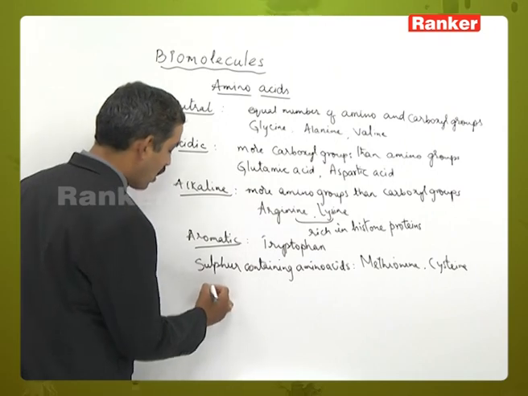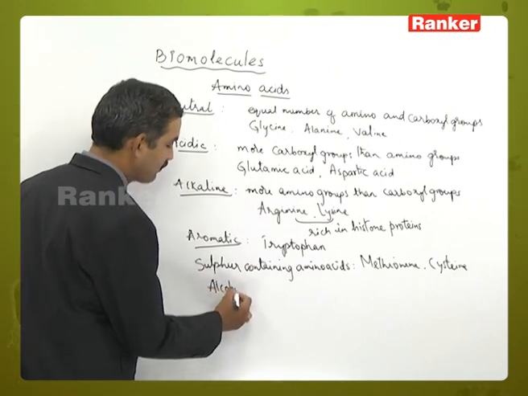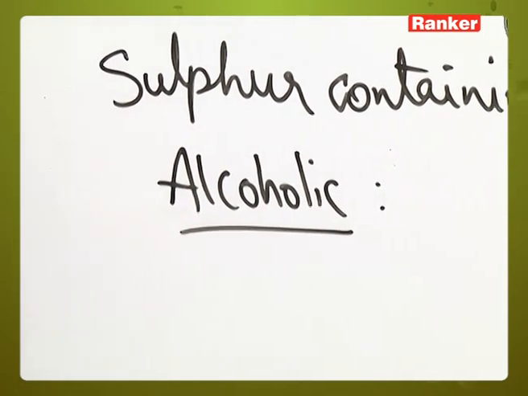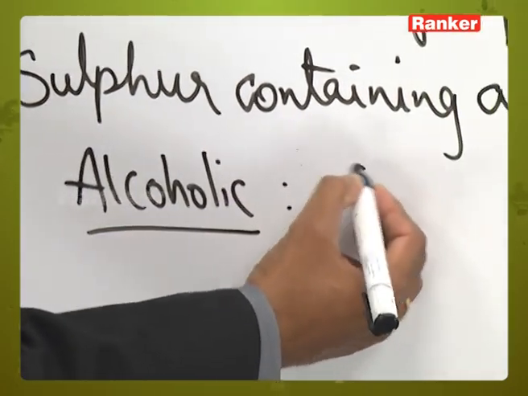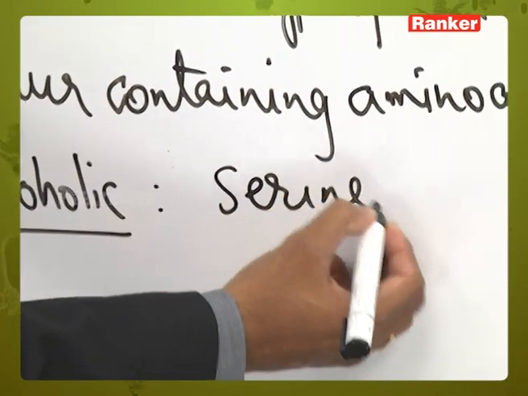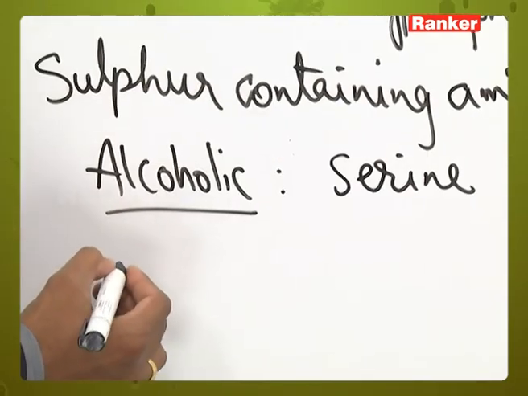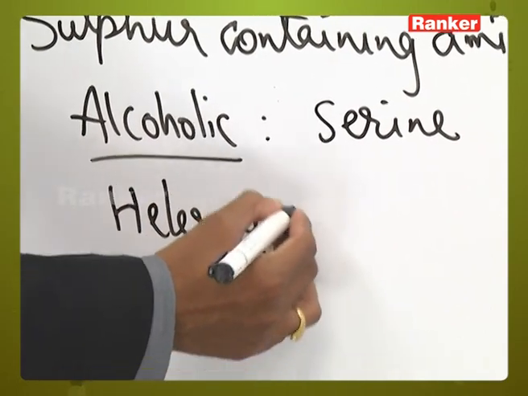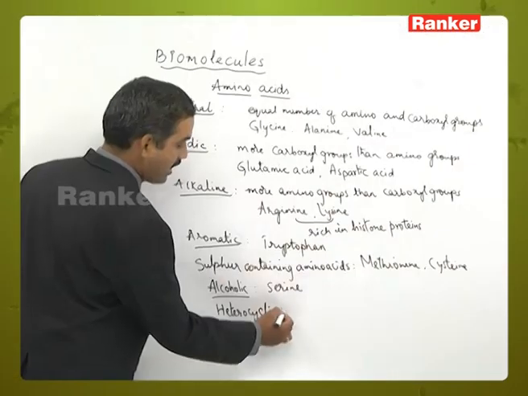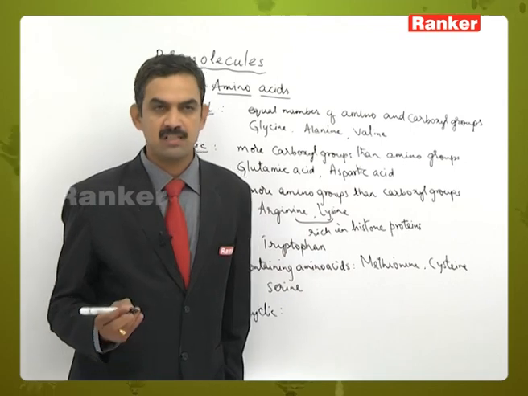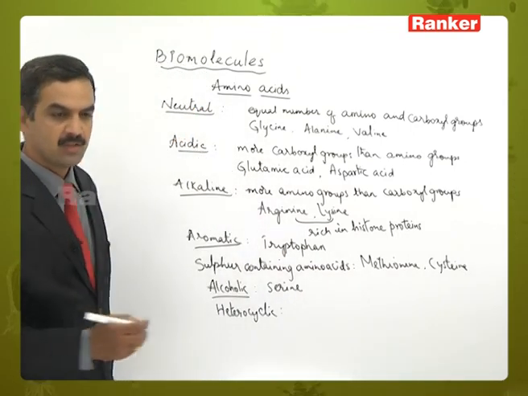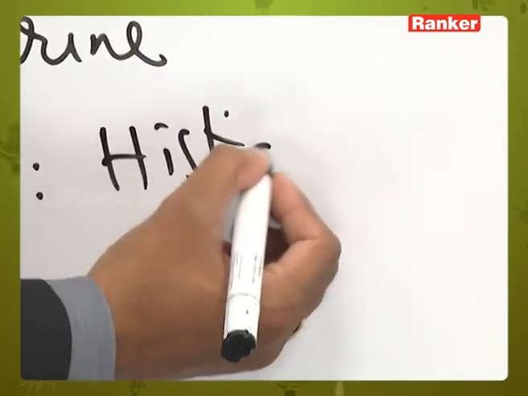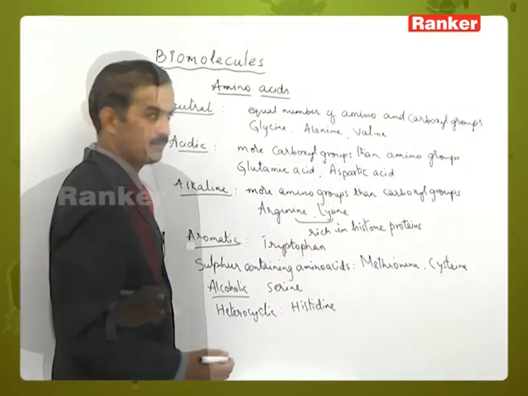Then alcoholic amino acids. Alcoholic amino acids are the ones which contain alcohol groups, like serine. And heterocyclic are the ones which contain a heterocyclic nature, like histidine.